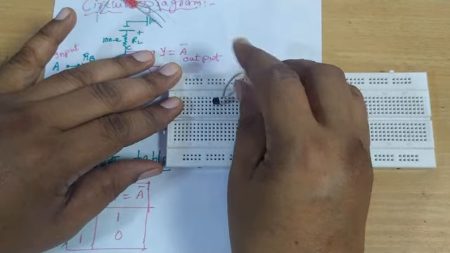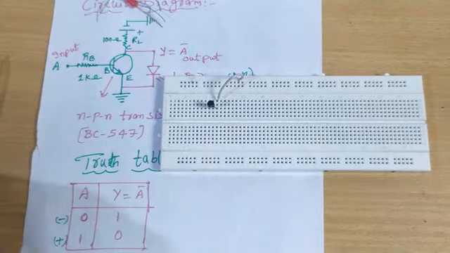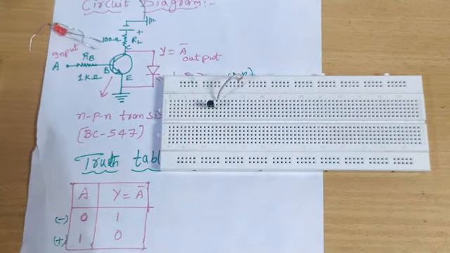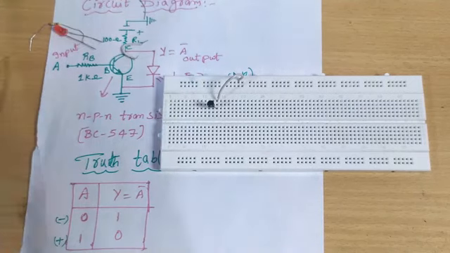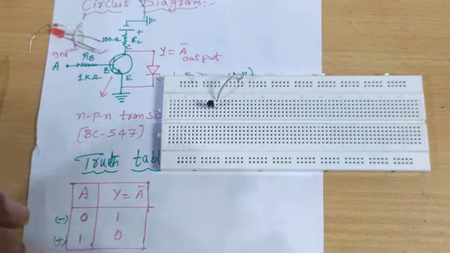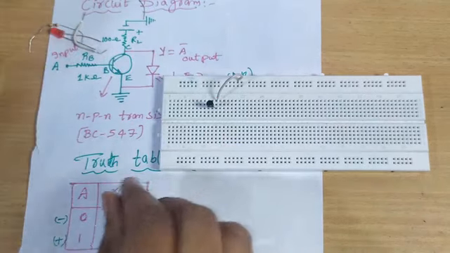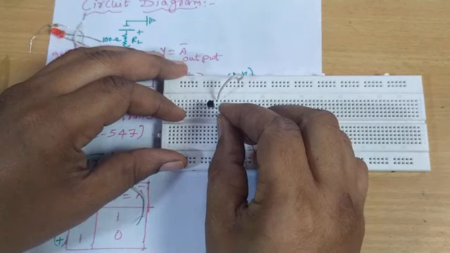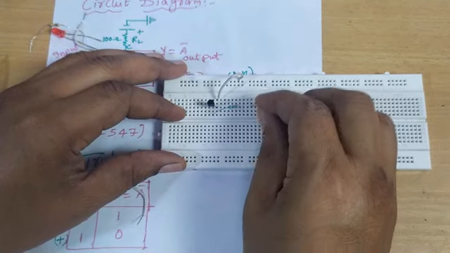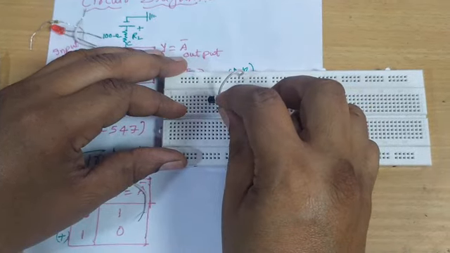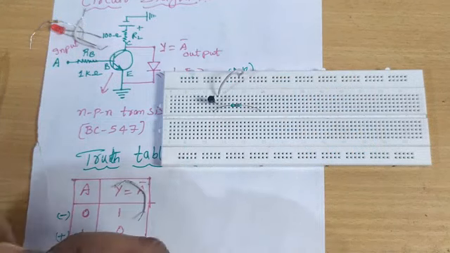Next, I take more connecting wires. For the base, I am using a resistor, and for the input, this is the base.